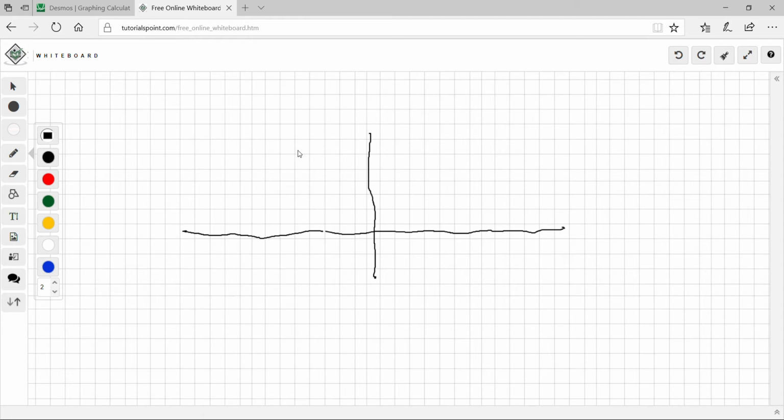So if you were to graph the function f of x equals sine x minus cosine x, it would look roughly something like this.